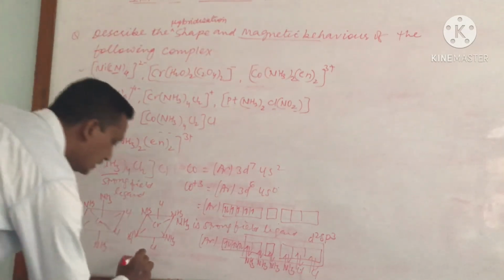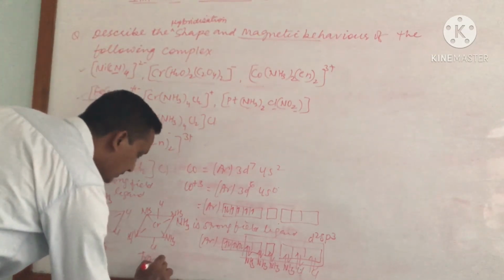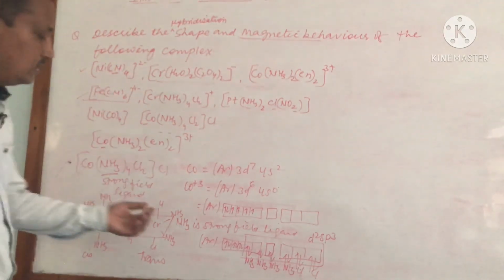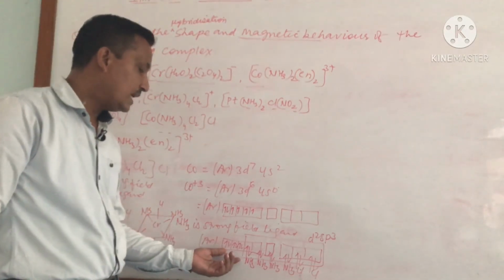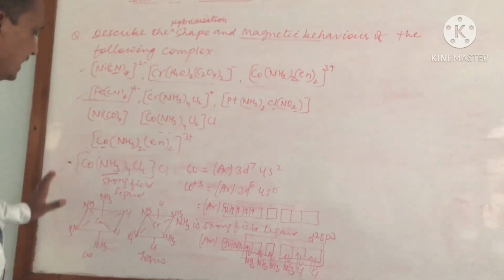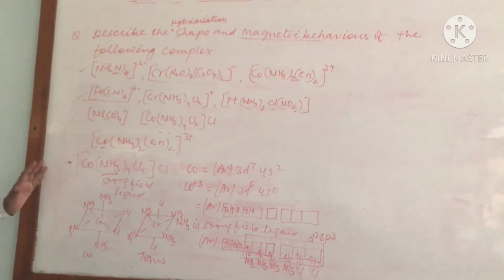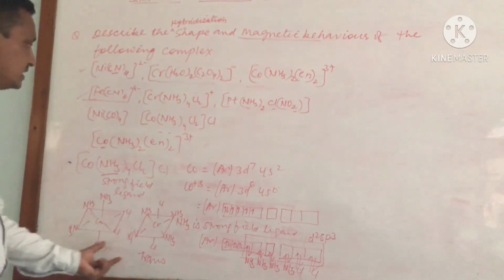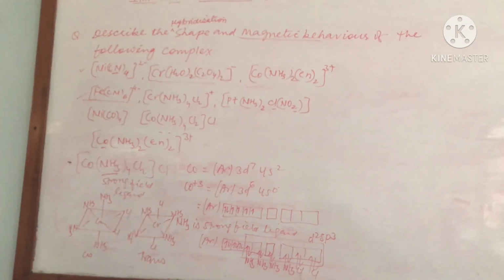Magnetically the electrons are paired, therefore this molecule would be diamagnetic, and it would have two types of geometrical isomers, called cis and trans.